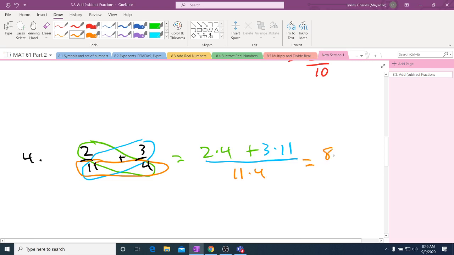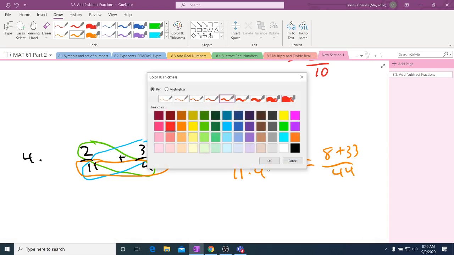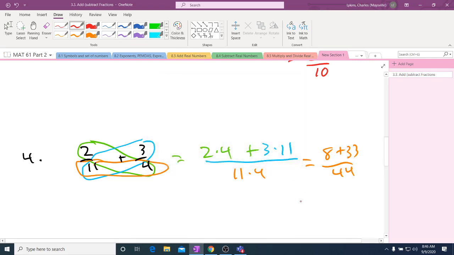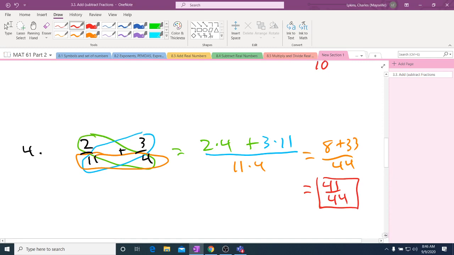This is 8 plus 33 over 44, which if you add 8 and 33, you get 41 over 44. And that's our answer. And it cannot be reduced because there's nothing that can go into it.